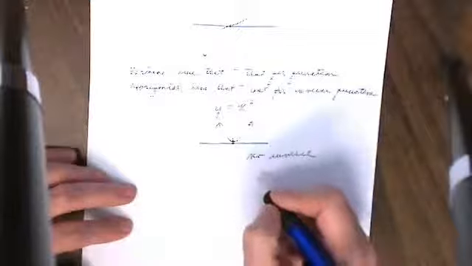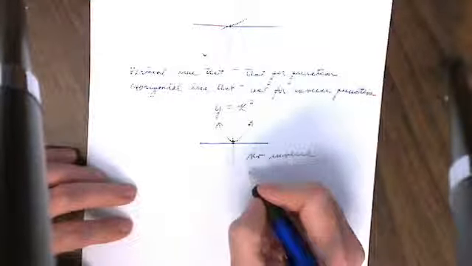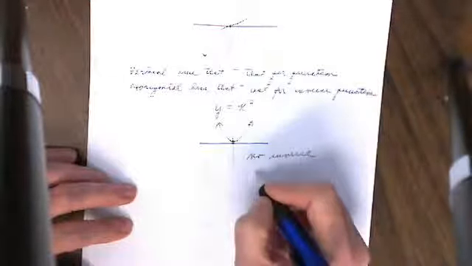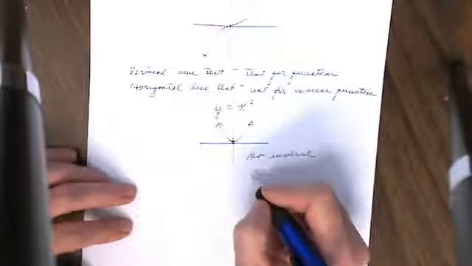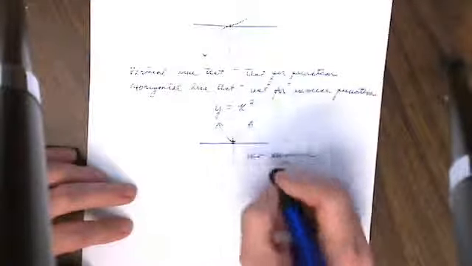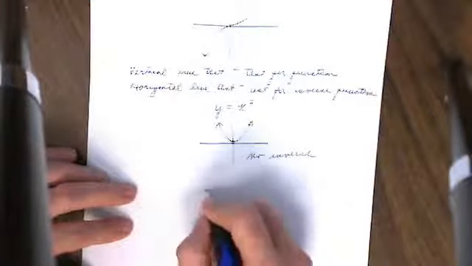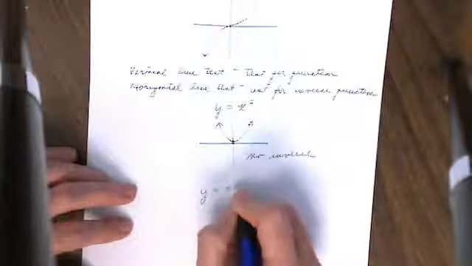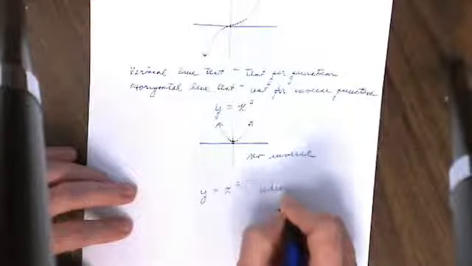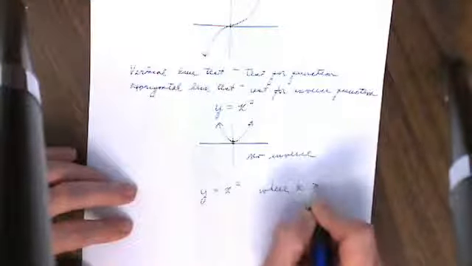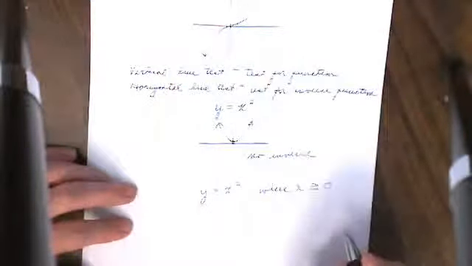However, if I wanted to, I could force this to have an inverse function. How could I do that? I could limit the domain of y equals x squared. For example, I could say y equals x squared where x is greater than or equal to 0.